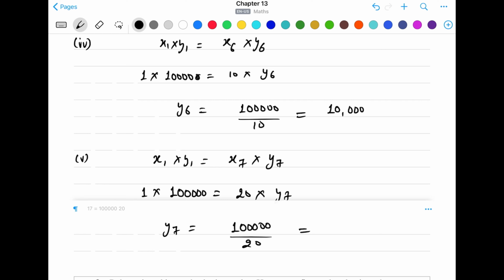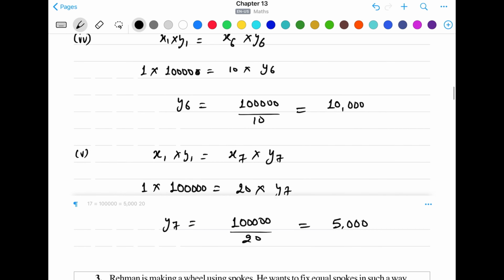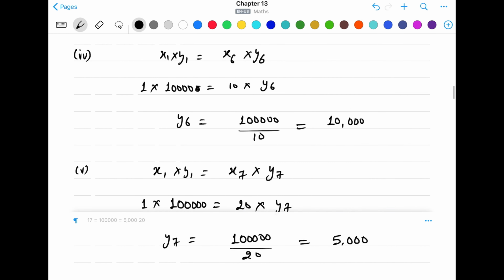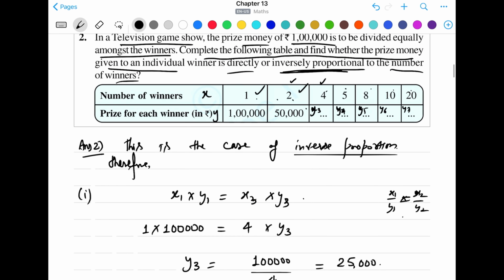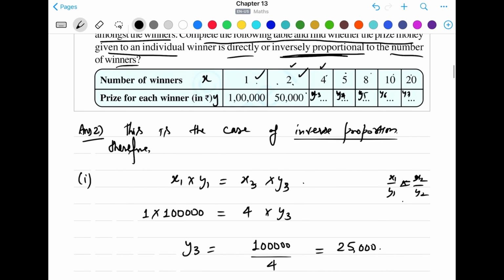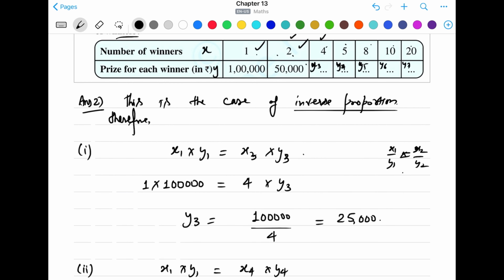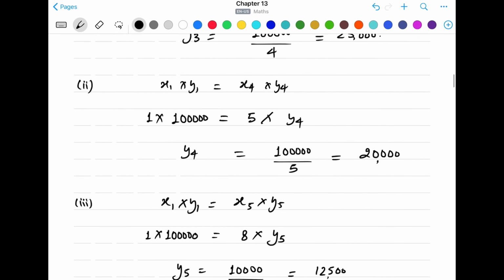That means each will get 5,000 only. So that's the solution for this question. We have calculated the prize money in each case when the number of winners is 4, 5, 8, 10 and 20 respectively. So that's the solution for question number 2.